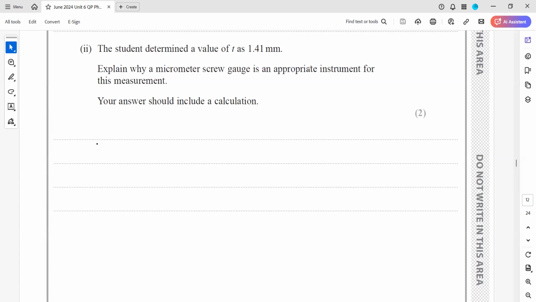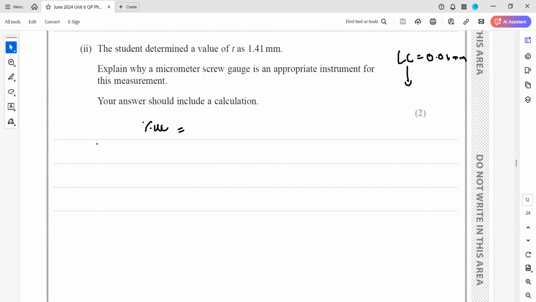Explain why a micrometer is an appropriate instrument. So when we compare the percentage uncertainty, the least count of the micrometer, or the resolution, is 0.01 millimeter. That is the least count.